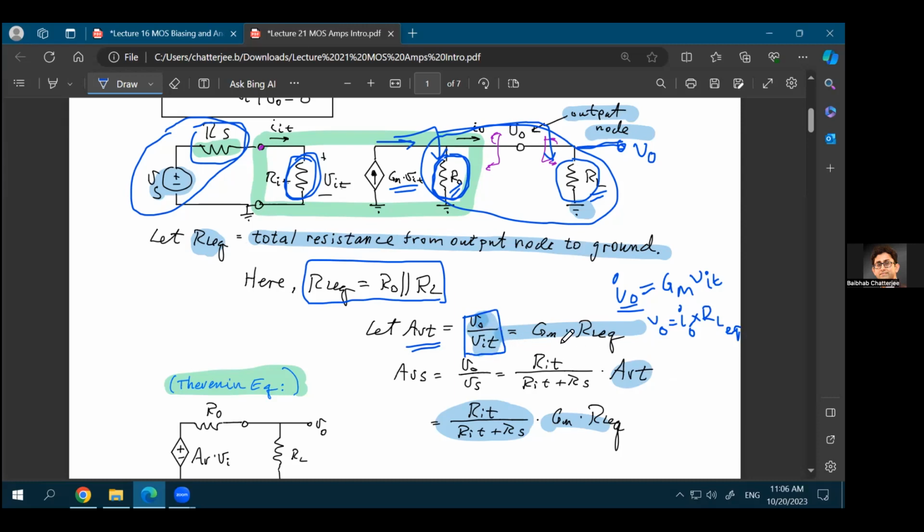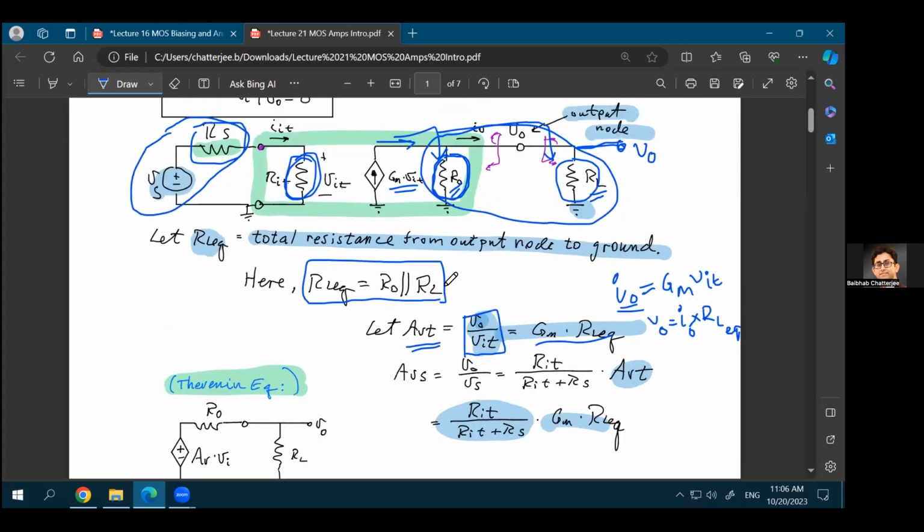VO divided by VIT will be GM times RL equivalent, right? Because IO is GM times VIT, VO is IO times RL equivalent. So you can write VO is equal to GM times VIT times RL equivalent. So VO divided by VIT will just be GM times RL equivalent.